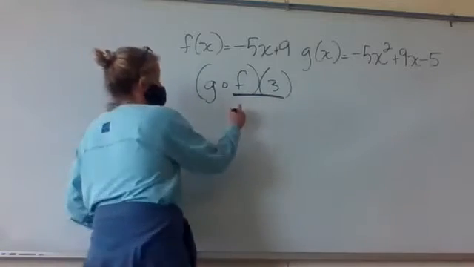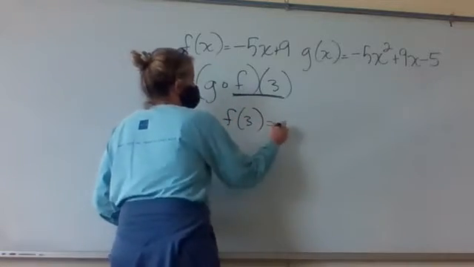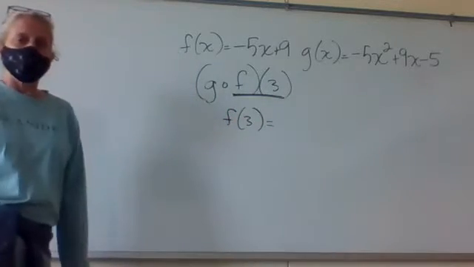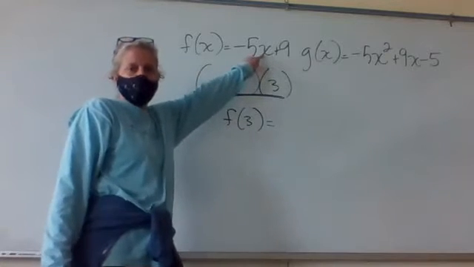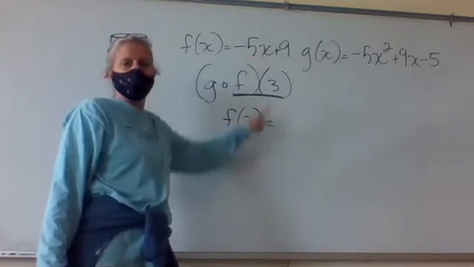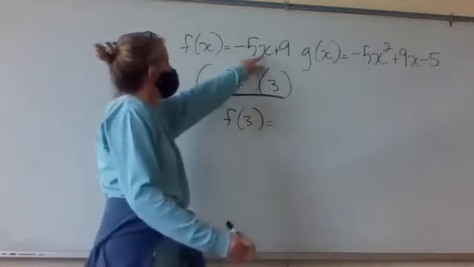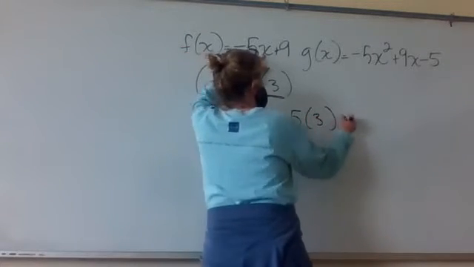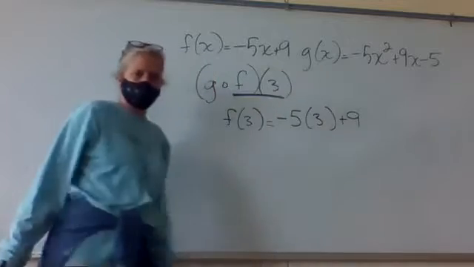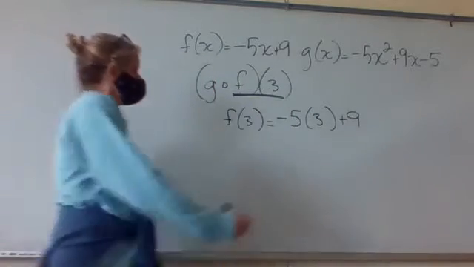So I need to find what is f of 3, which tells me to go to my f function and replace its x with that 3. So if I replace this x with the 3, I'll have negative 5 times 3 plus 9. Do the math.